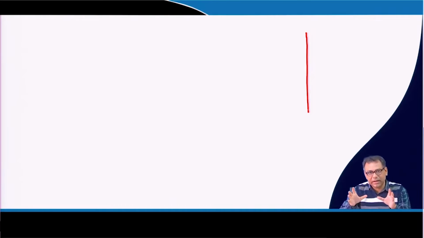But for Terzaghi's analysis, this point of rotation for a rigid well is slightly above the base of the well. So, the active and passive sides will change above and below the point of rotation. Here also the point of rotation is above the base of the well.